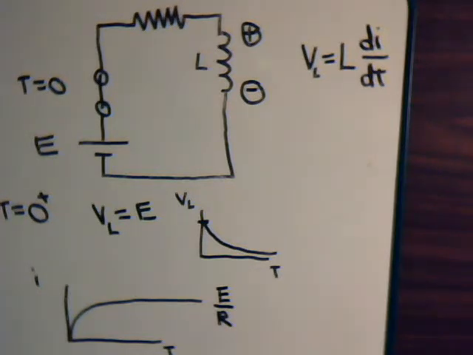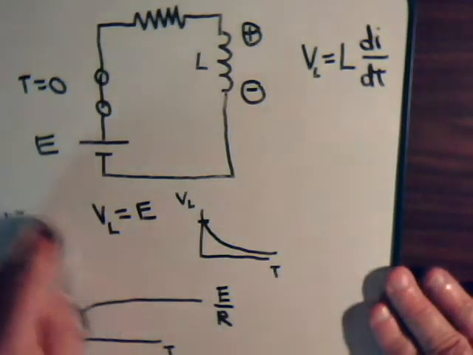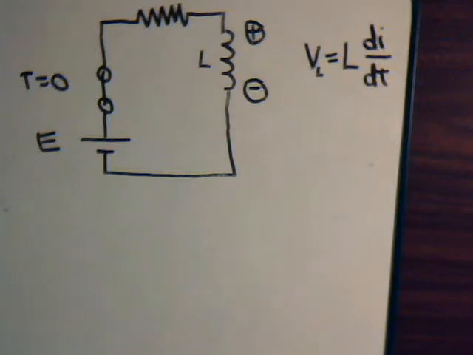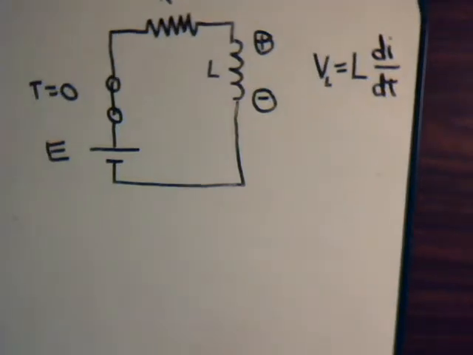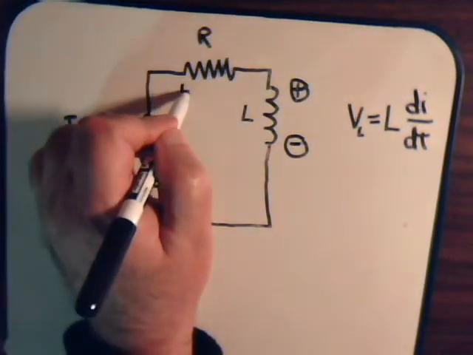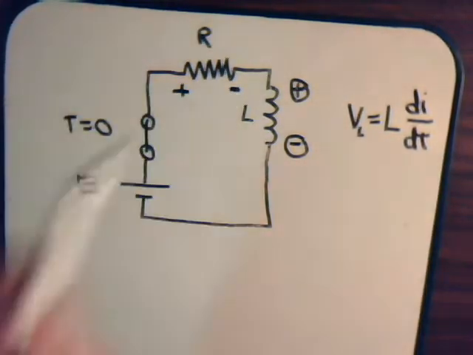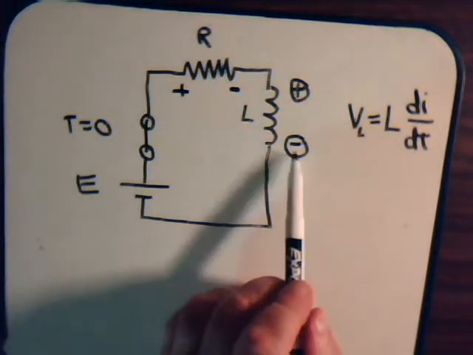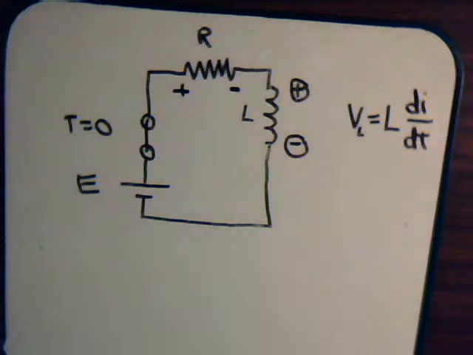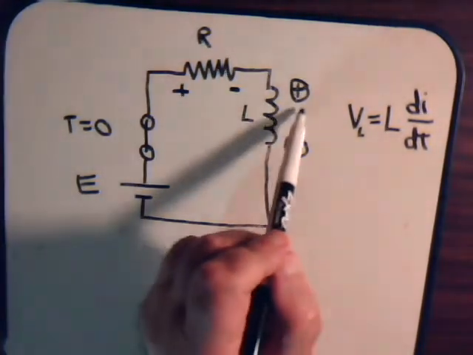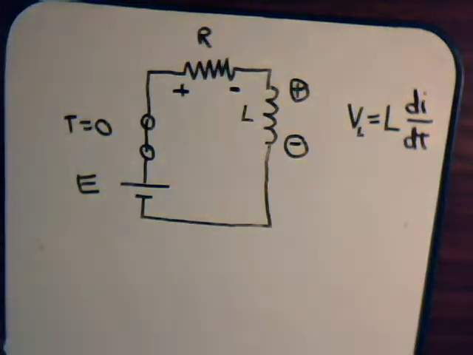Now what we're going to do in this video is continue that discussion, only we're going to be a lot more analytical. When there's a current going through here, this resistor has a voltage drop like this, because the current is in this direction, and the induced voltage across the coil, while it exists, has this polarity, so that it resists the current coming in.